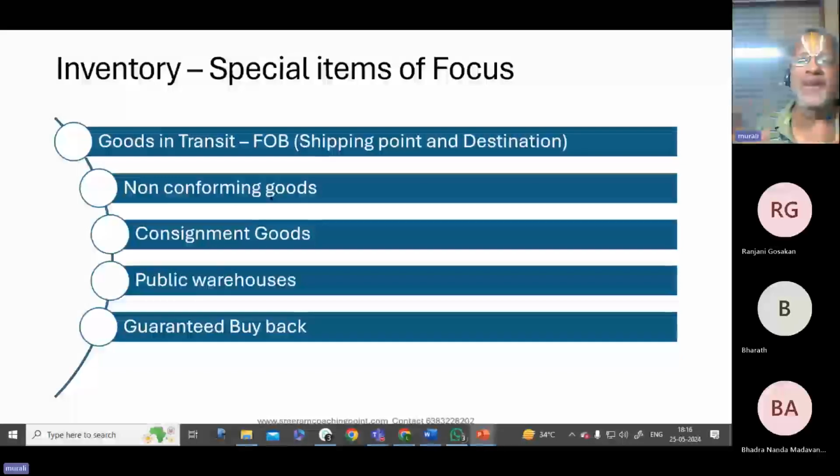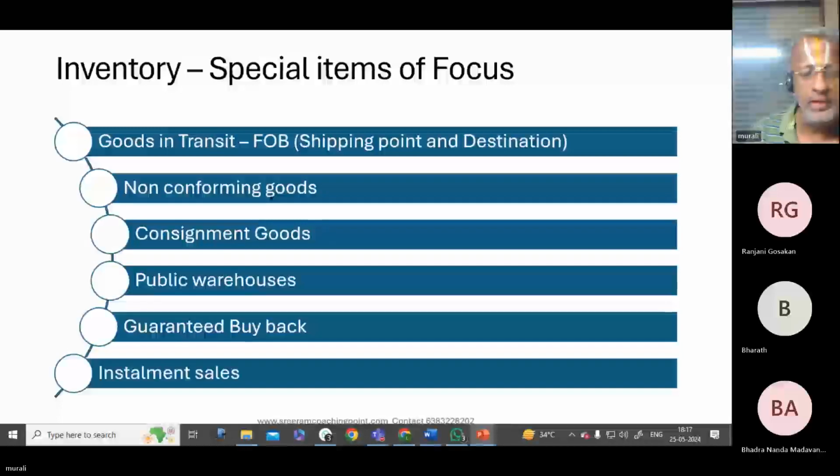So when you have this guaranteed buyback, we would only consider that the transaction is sham, that is, it is all void, and you consider that it is not a transaction at all. It is not an inventory at all. So sometimes we get across this sort of transaction, we should have the courage to say that it is not a transaction at all. Installment sale.